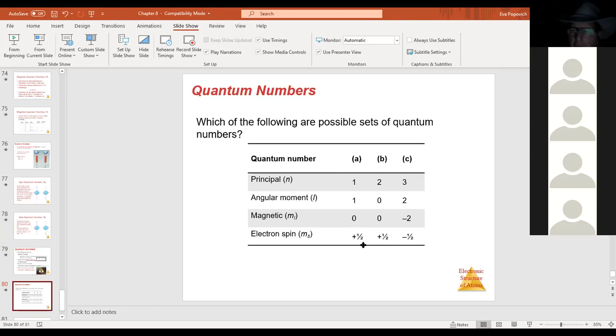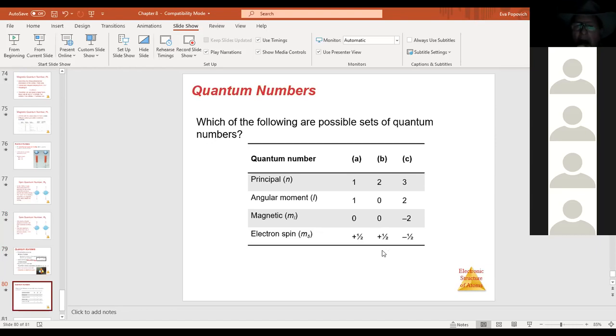Gotcha. Okay, Ian, what about 2? Is this set of quantum numbers good? I would say no, but truthfully, I'm not 100% on my answer. Okay. Is it possible for the principal number to be 2? Yes. Whole number between 1 and 7. That's good.